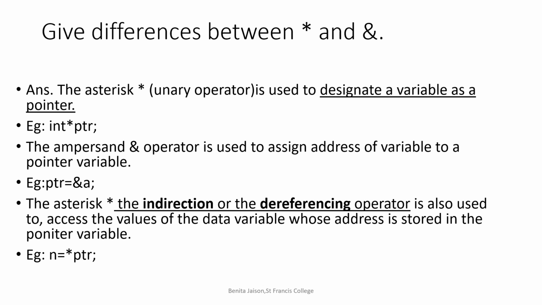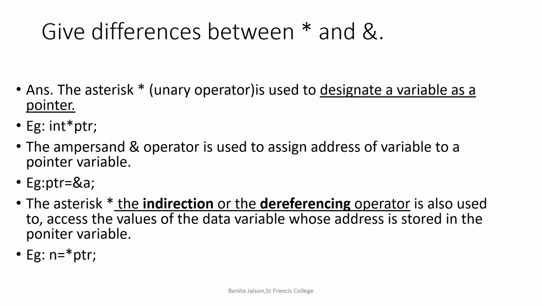Again, the asterisk, also known as the indirection or dereferencing operator, when used along with the pointer variable, accesses the value of the data stored at the address indicated by the pointer.